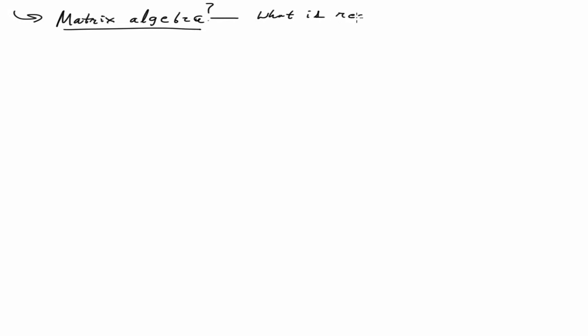Okay, so the question now is we're not just talking about what matrices are, we're talking about matrix algebra. And what we really need to do is go back a bit and actually talk about, if we want to know what matrix algebra is, we have to actually understand what again was real number algebra.